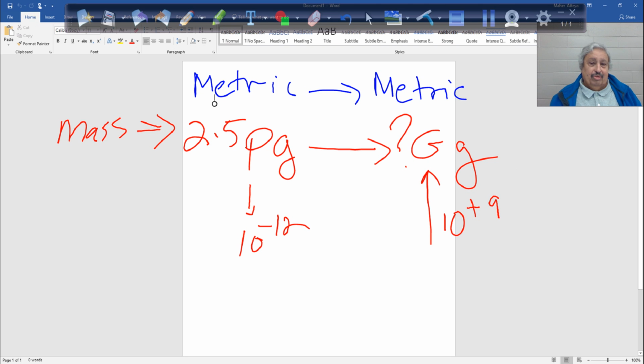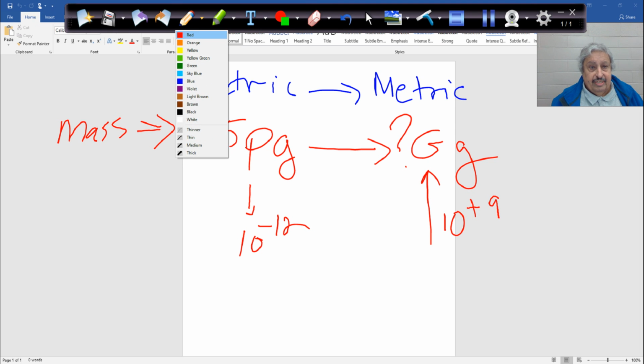We talked about metric to metric, and we said that's one of the most difficult parts because you have those prefixes, the exponents. As I said, I'm not telling you to memorize those. You have to have the chart in front of you so you can convert. If I have the values, then it's easy to convert.